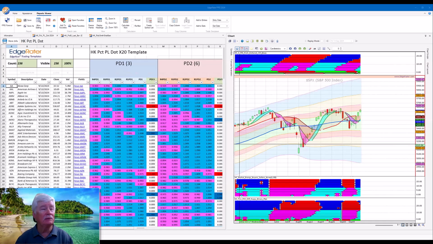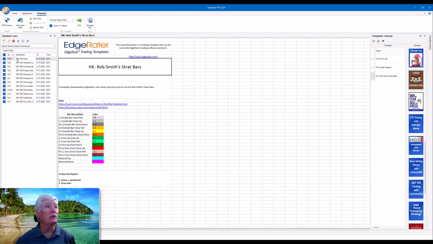Anyways, let me start sharing a screen. This is my screen. Some of the things that you can do with EdgeRater, but just happens to be a template that I ran. But let me start out with a basic chart, and we'll just look at, well, not that one.